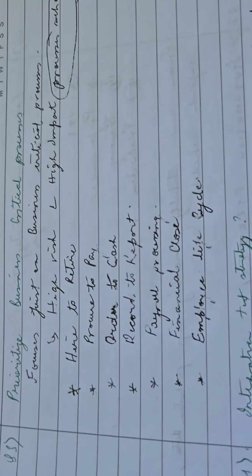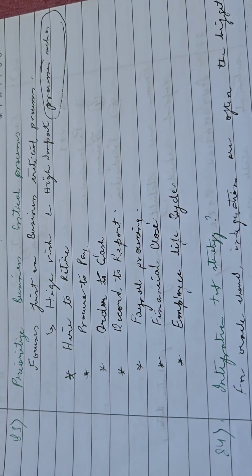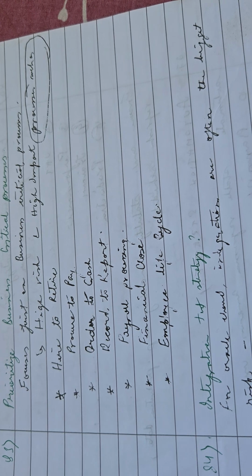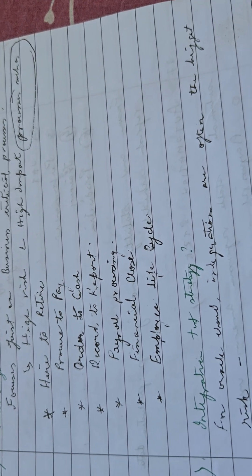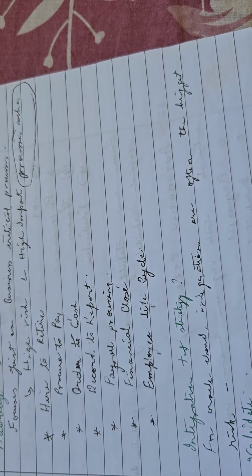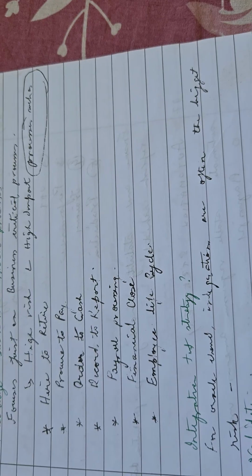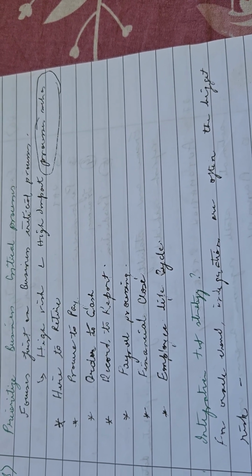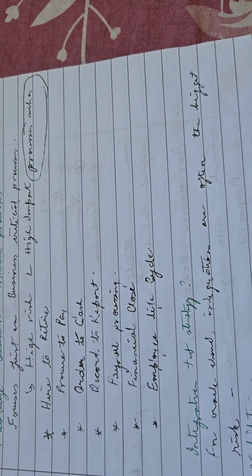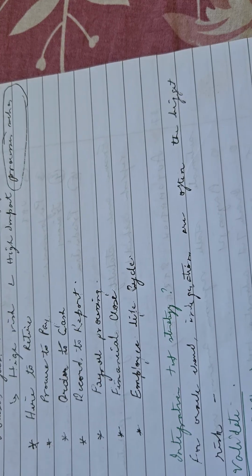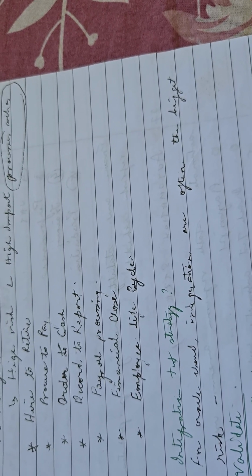So coming to the next question, prioritize business critical processes. You just focus on the business critical processes with respect to high risk and high impact. What processes are in this category, high risk and high impact processes, right? Basically these are whatever you see down: hire to retire, procure to pay, order to cash, record to report, payroll processing, financial close, employee life cycle, right?